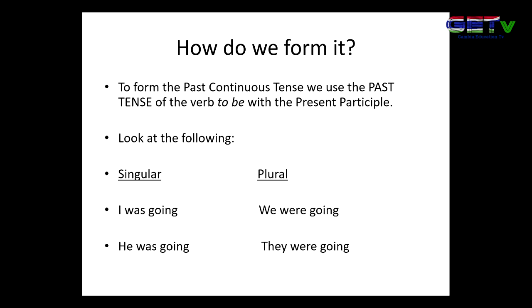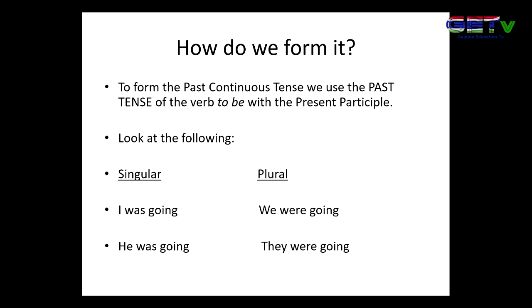We learned in the previous lesson that forming the present continuous form, we use the present form of the verb to be plus the present participle. To form the past continuous form of the verb, we use the past form of the verb to be plus the present participle, that is the verb part that ends in ing.